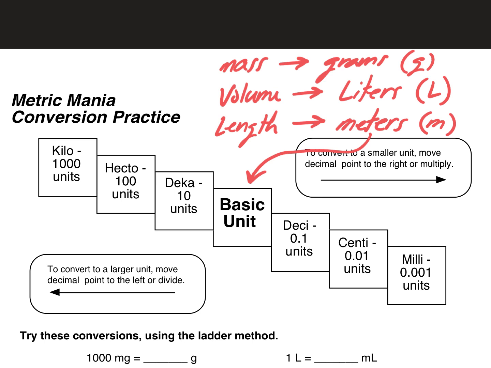If we were dealing with very large masses, for instance, we might use prefixes along with the base units in order to describe the amount of mass. Like if we were describing the mass of a building, let's say, then we would probably use kilo as a prefix along with grams to describe that mass.